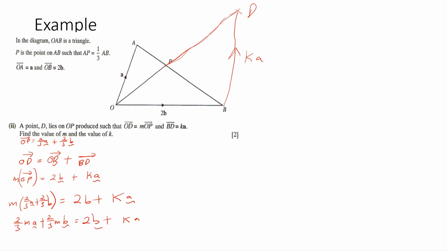Now, because these are vectors, you can compare the respective vectors. I can compare the coefficient of vector A and the coefficient of vector B. Comparing vectors, K would be 2/3 M, and the other one, 2/3 M, is equal to 2.